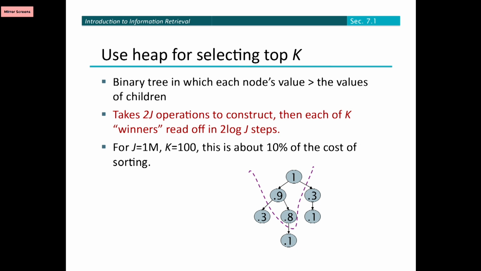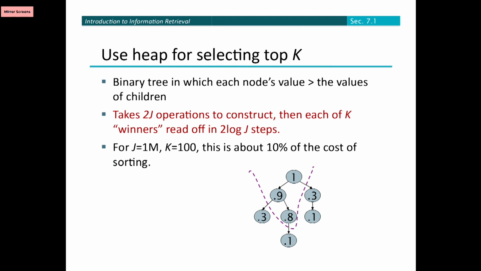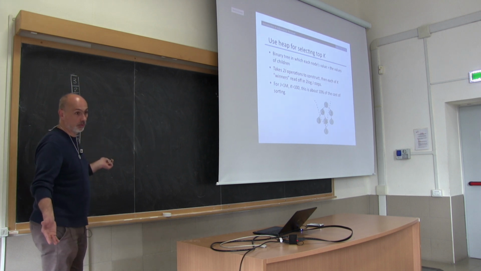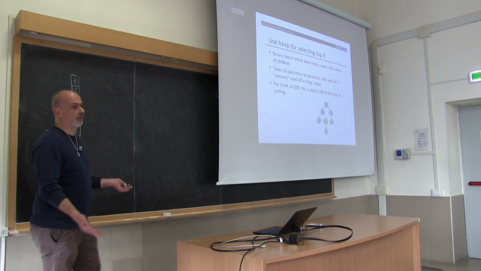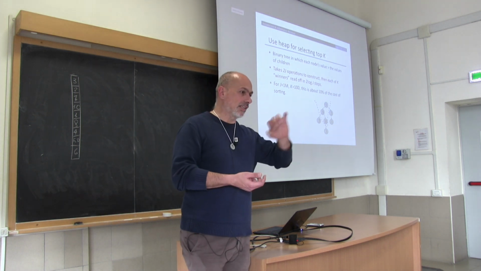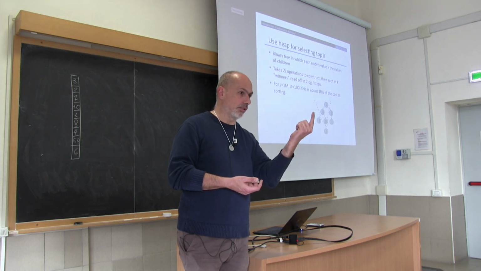so what is J here? This is the vector in which you have one item for every document with non-zero cosine with the query. Of course, if you have 0 cosine with a query, it's not in the vector. So this will be a subset of the documents, all the documents that contain at least one term of the query.